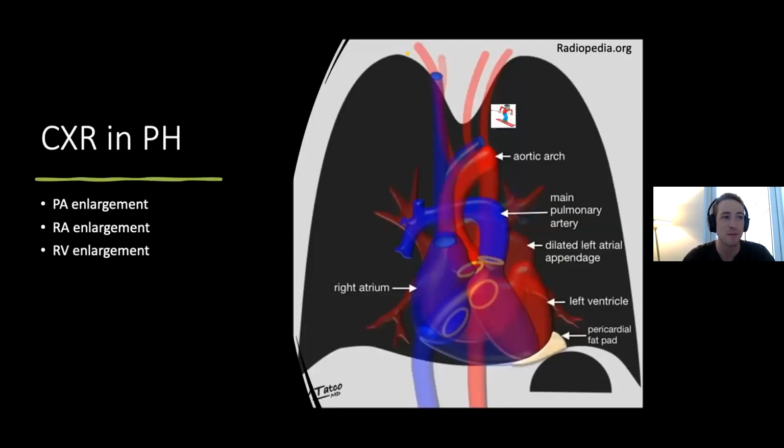All right. Moving on to chest x-rays, not for physical exam, but for objective data. If we look at the moguls of the heart, we can see here that the first mogul is the aortic arch, while the main pulmonary artery is the second mogul. And this structure also pokes out the back of the right side of the heart as well.